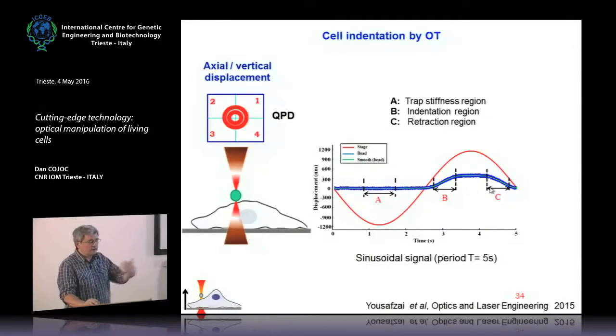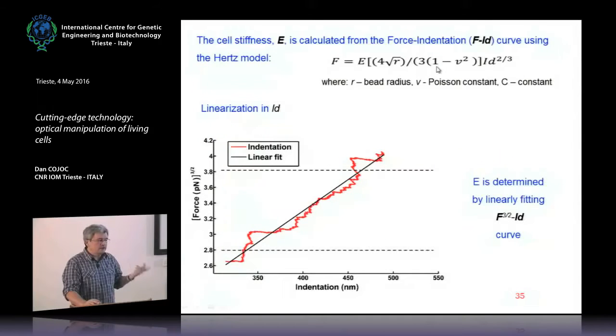From these regions, we can measure the force and the indentation. And from this, applying the Hertz model, we measure the elastic modulus. So we measure the elasticity of the cell.